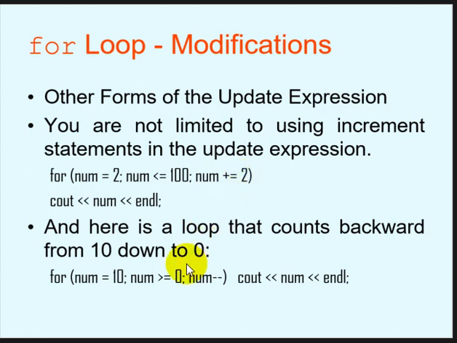Now this is an example of a reverse loop, where the initial value is 10, the condition is num greater than or equal to 0, and num minus minus. So till now we have seen only increment updates. It is not mandatory that the update should be an increment.